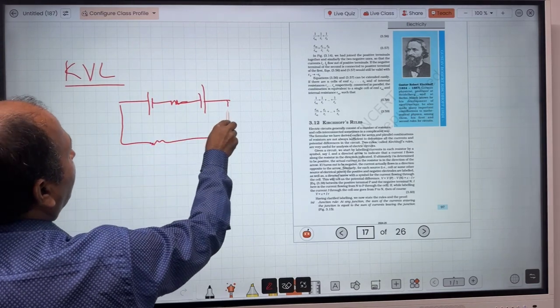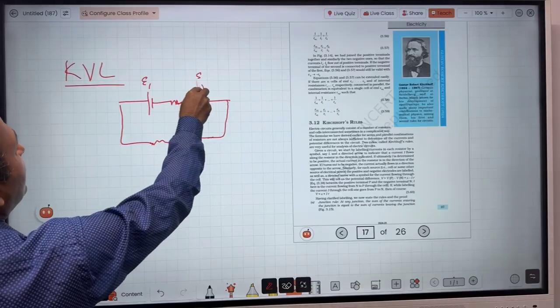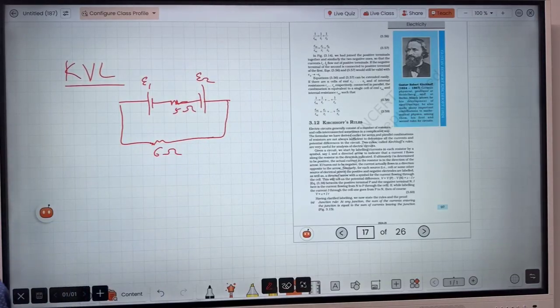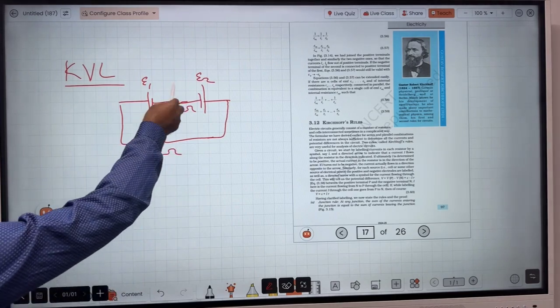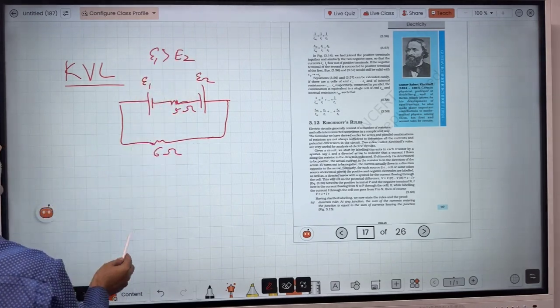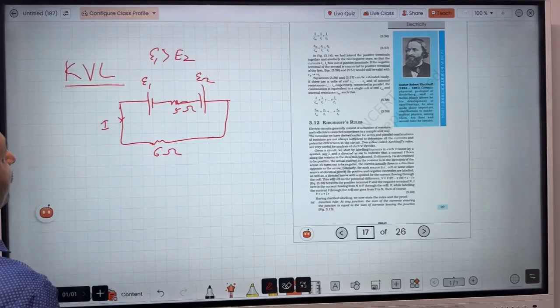Suppose this is E1, this is E2, say 5 ohm, say 6 ohm. Now imagine that E1 is greater than E2. So the total current will be in this direction. So say this is I.